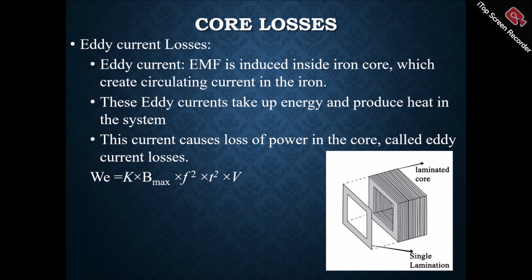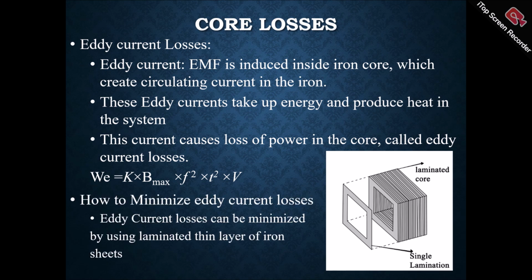The formula for eddy current loss is K multiplied by B max multiplied by f square multiplied by t square into V, where B max is the maximum flux density, f is the frequency, t is the thickness, and V is the volume. To minimize eddy current losses, we have to use laminated thin layers of iron sheets.